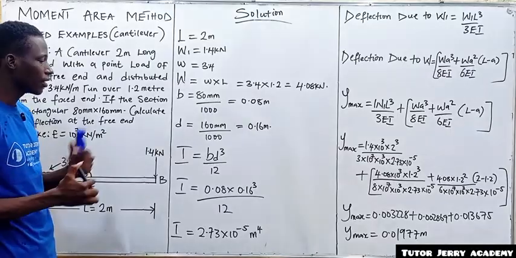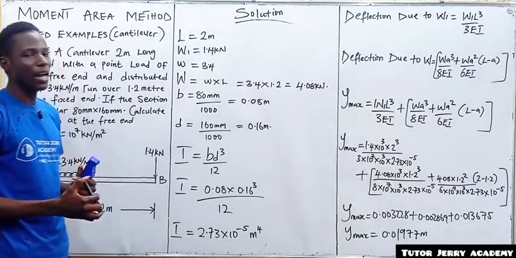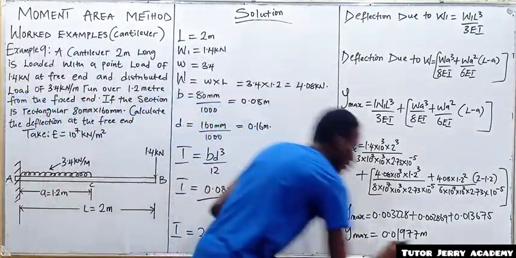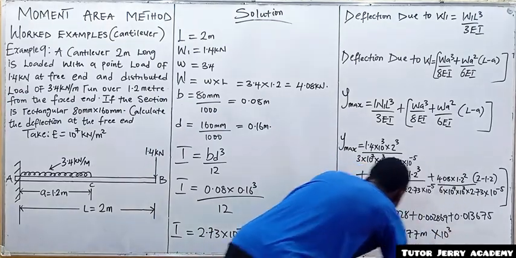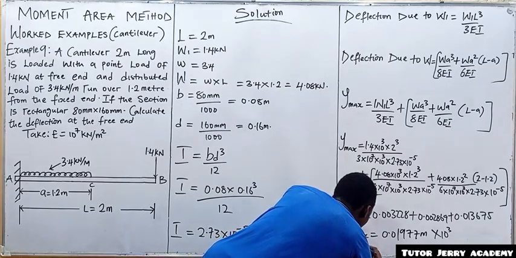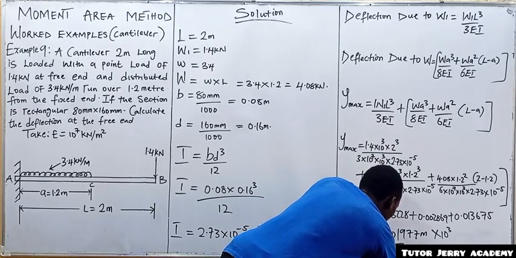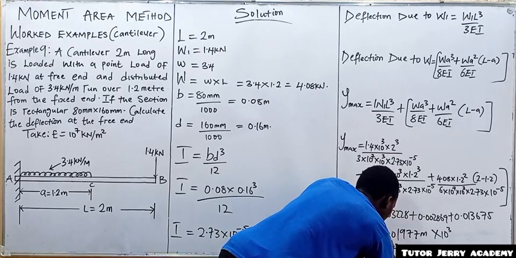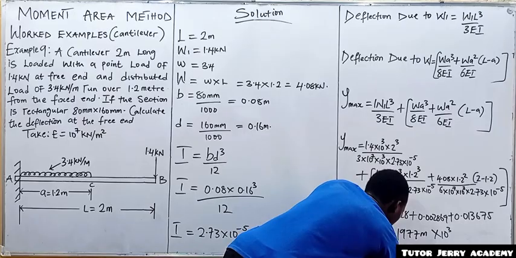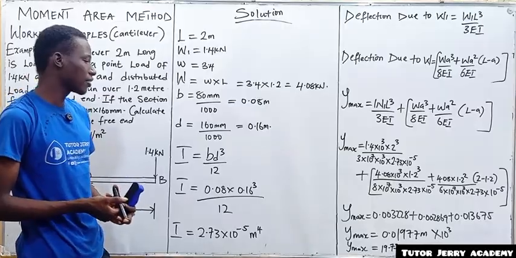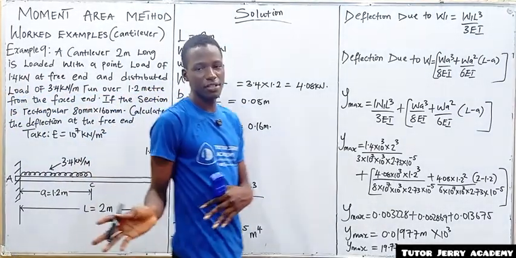If we multiply by 10 to the power of 3, y max will be equal to 19.77 millimeters. All right, so this is our maximum deflection for this beam.